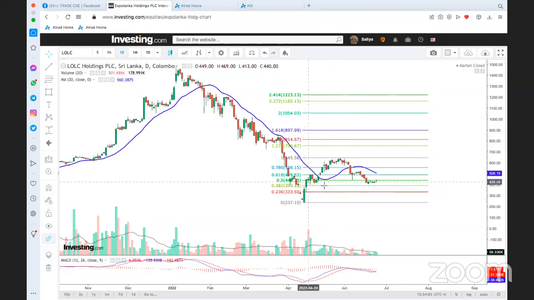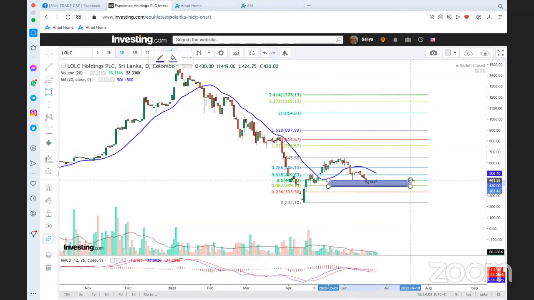I prefer to go with this level as the support. But at the same time you can see that there's a dragonfly here, a bearish candle, a doji candle. But here also you have a dragonfly, and then you have narrow ranges here compared to these.